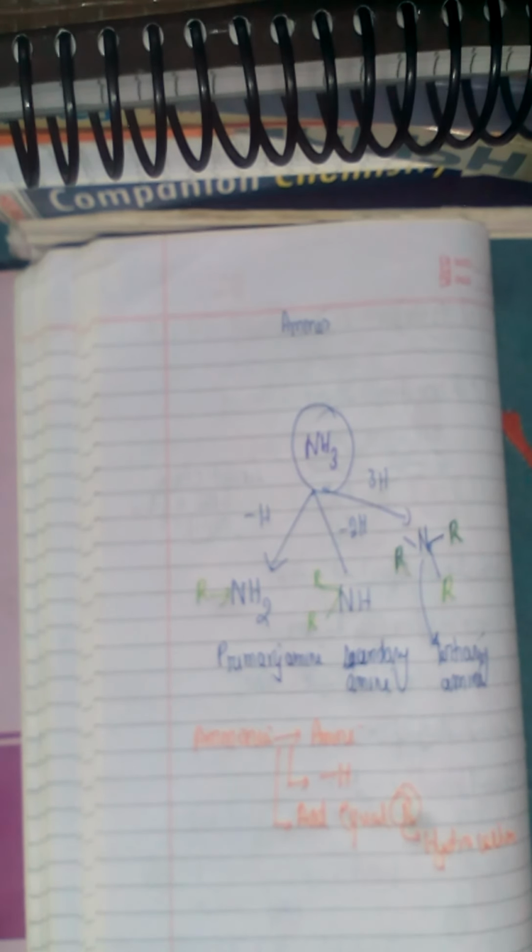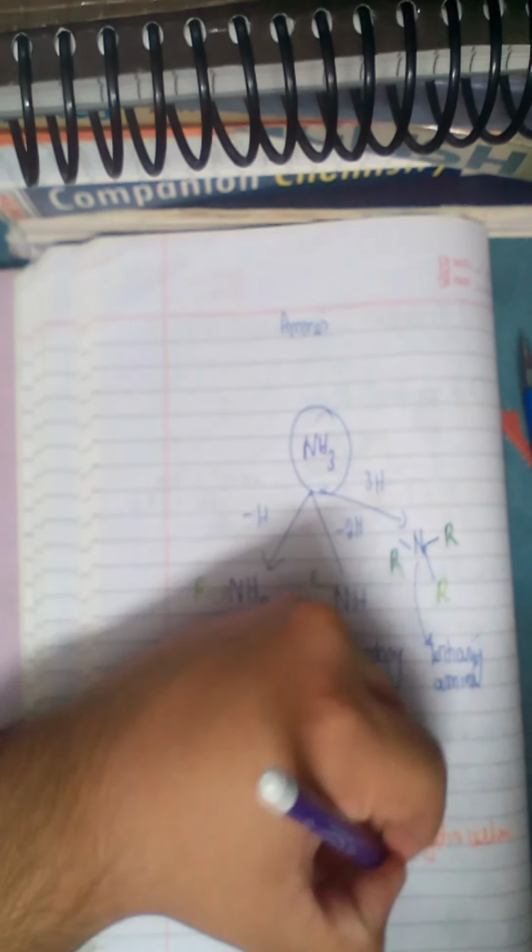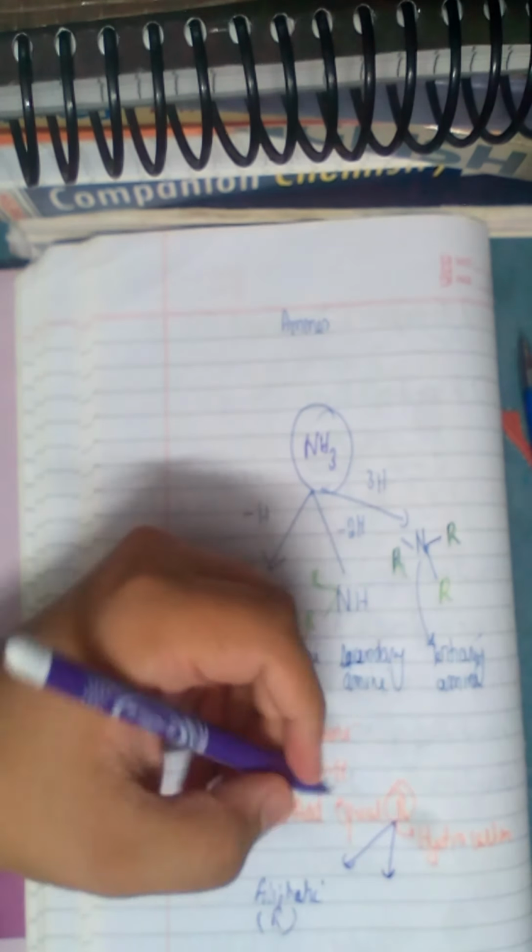Now talking about this R group, it can be an aliphatic R group. Aliphatic R groups we represent directly by R, or it can also be an aromatic R group, which we represent by Ar.